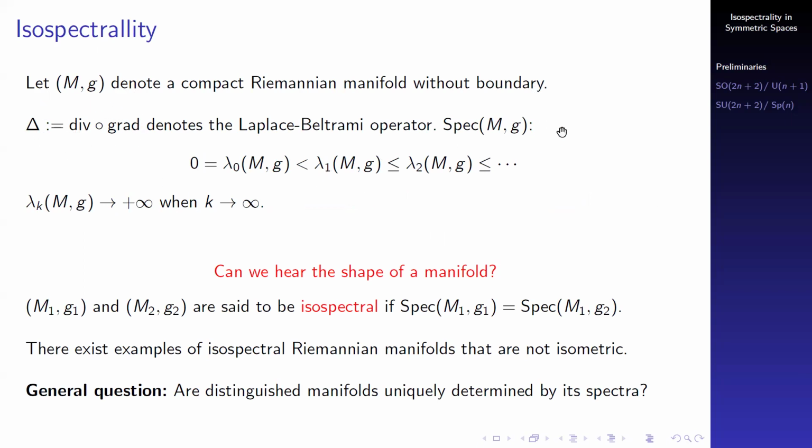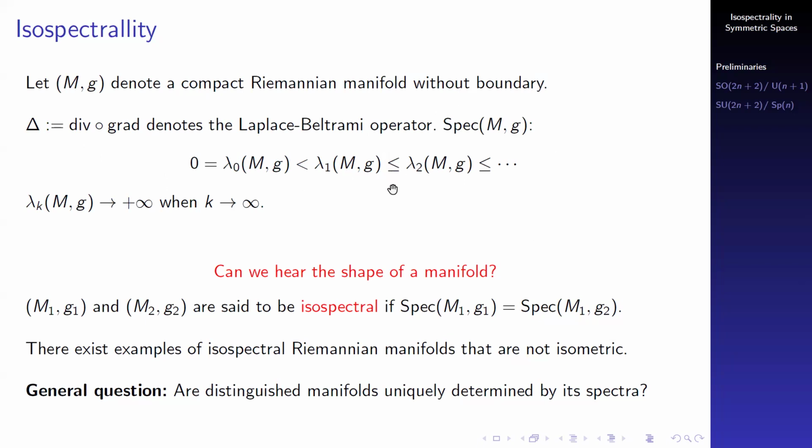One knows that the spectrum is the set of eigenvalues of this operator. So we have the zero eigenvalue because of the constant functions, and the rest of the eigenvalues are all positive, so we can order them. We take lambda1 the first, lambda2 the second, and so on. One knows that this sequence of real numbers goes to infinity.